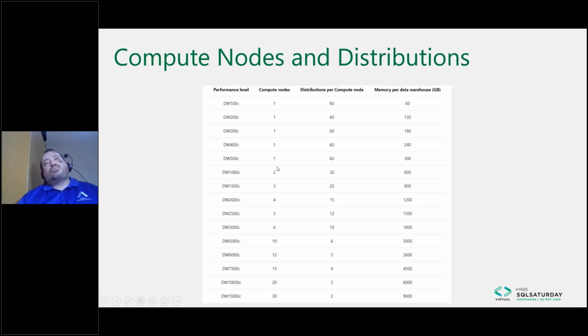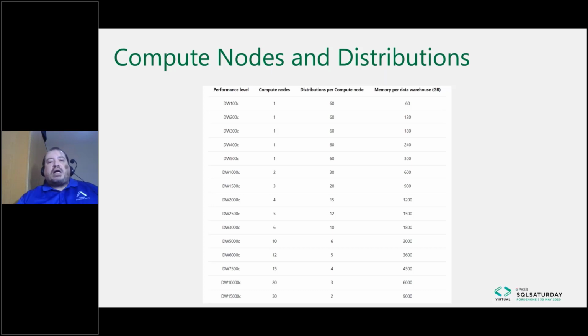How is this distributed? The point is the distribution is fixed, I mean fixed in terms of the quantity of the distribution. Our data is broken into 60 pieces, and that's it. Our data will have 60 parts.